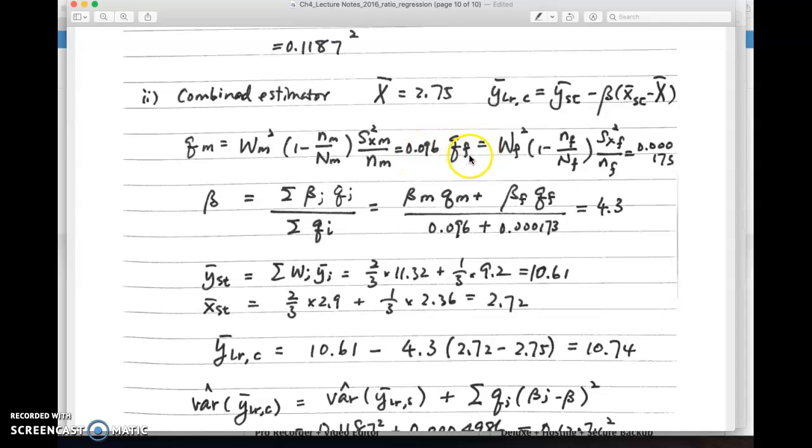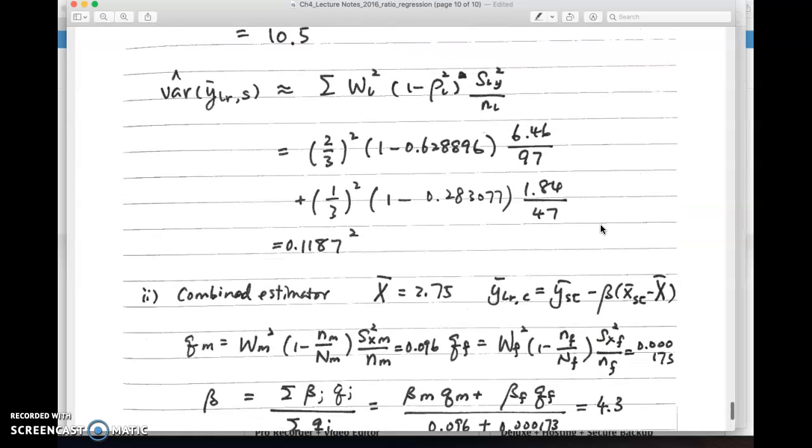The Q value for female is about 0.000173. In other words, we can estimate the overall beta by adding up the beta for male multiplied by the factor QM plus beta for female multiplied by the factor QF, and dividing by the summation of the weightings. So overall beta is around 4.3.